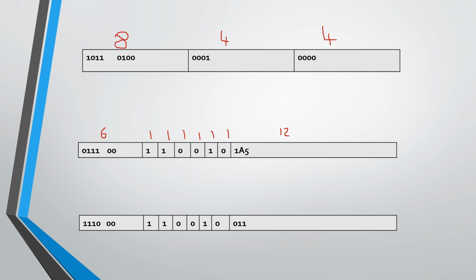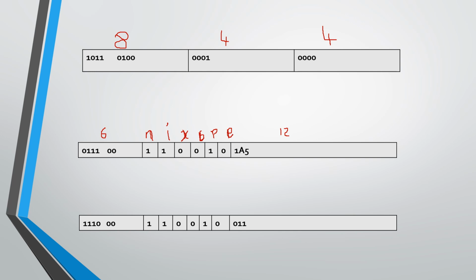The value of 7 is 0111, and the value of 4 is 00, because it should contain only 6 bits. So we'll take the starting 2 bits of 4, and as it is direct mode, this one is N, this is I, this is X, and this is B, this one is P, and this is E.